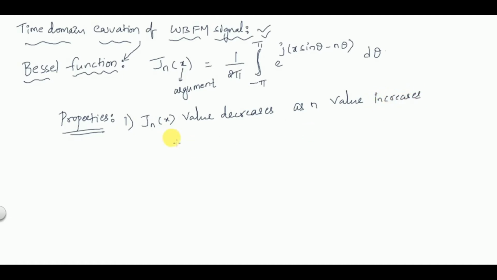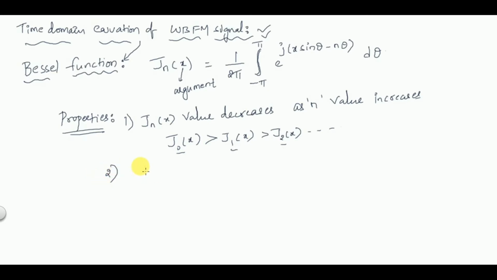That means if n is equal to 0, J0 of x will have the highest value when compared to J1 of x, then J2 of x, and so on. As n increases, Jn of x decreases. This is the first point you have to remember.